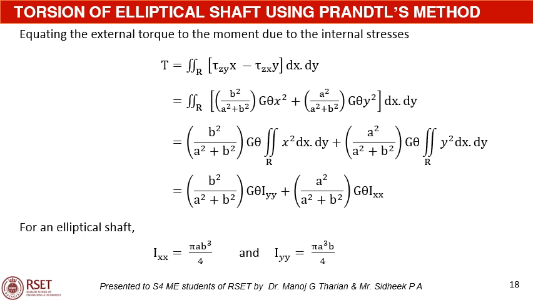Thus we get applied torque T = b²/(a² + b²) Gθ Iyy + a²/(a² + b²) Gθ Ixx. For an elliptical section, the second moment of the area with respect to the x-axis is Ixx = πab³/4, and with respect to the y-axis is Iyy = πa³b/4.